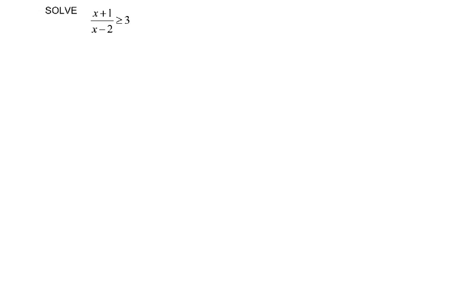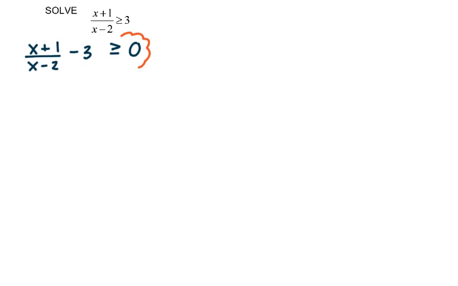Here we have an example that we're going to work on. As I said up above, we're going to make sure that all the numbers are on the left side of the inequality. So this is (x plus 1) over (x minus 2), minus 3, and we want to know where this is greater than or equal to 0.